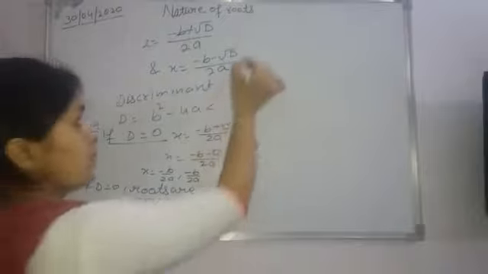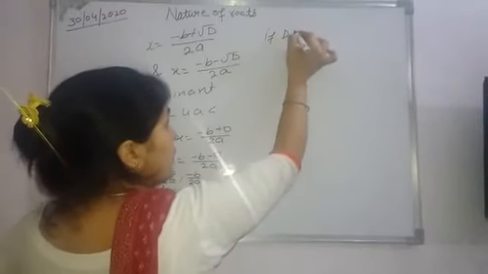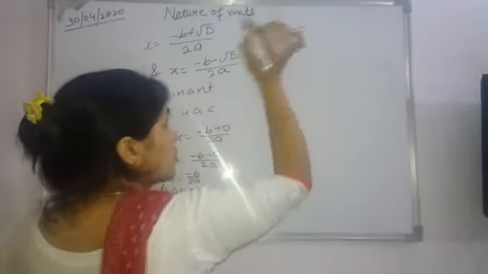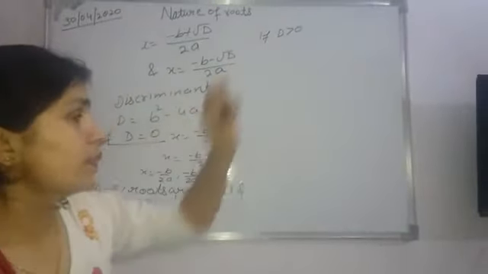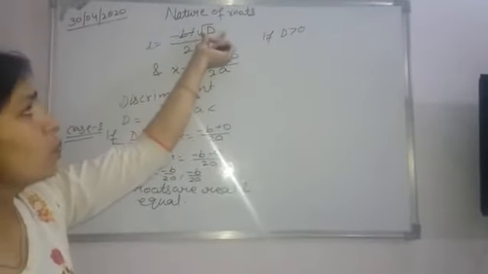Now for the second case, if D is greater than 0, it means D is a positive value.